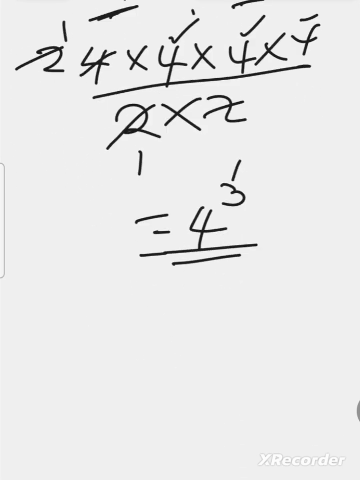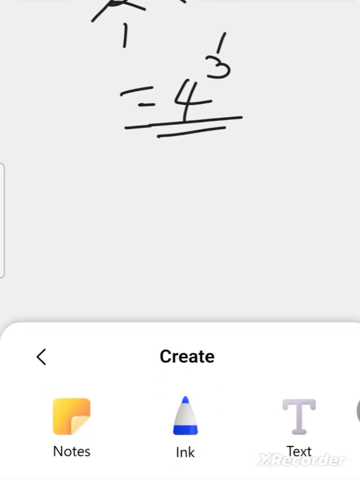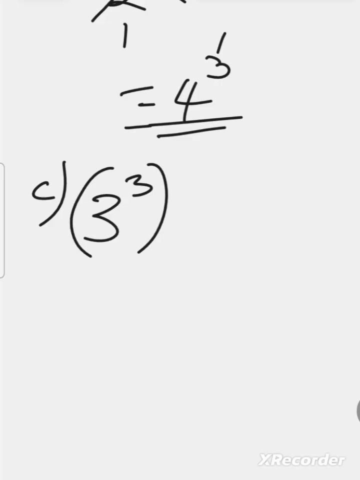So if you realize, we were not able to apply the law of indices because the bases are not the same. In the third example, we have 3 power 3 raised to 4. So 3 power 3 raised to power 4. In this case, we are going to apply the third law of indices.